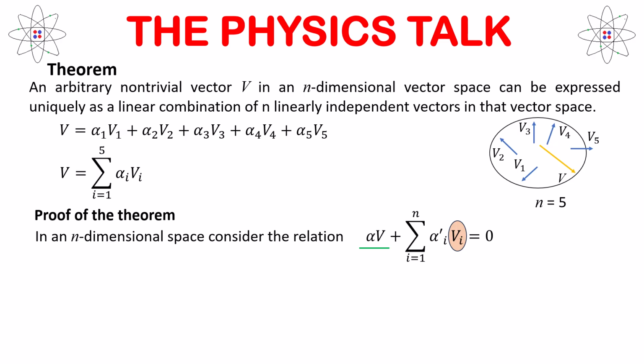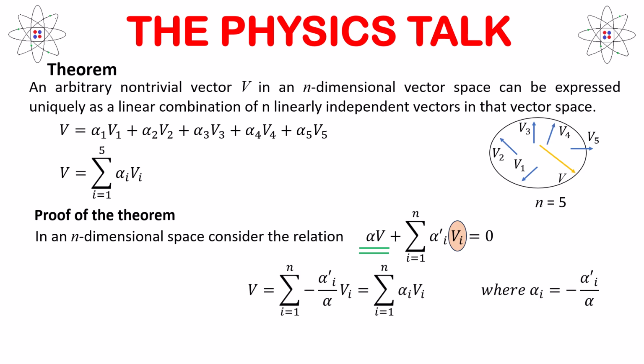V is the arbitrary vector and alpha is its corresponding scalar. From this relation, we can easily write V is equal to summation of alpha i vi, which shows that V can be expressed as a linear combination of vi's.